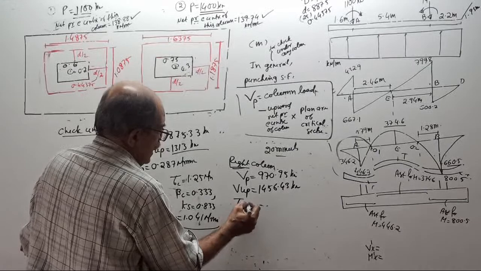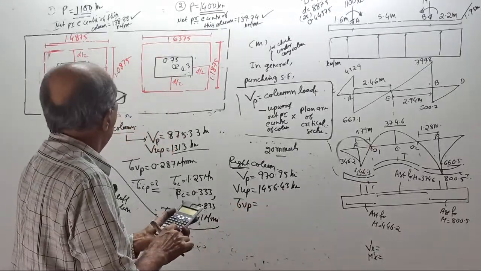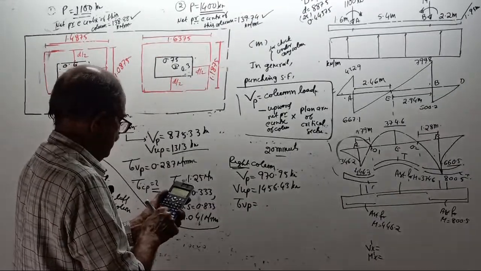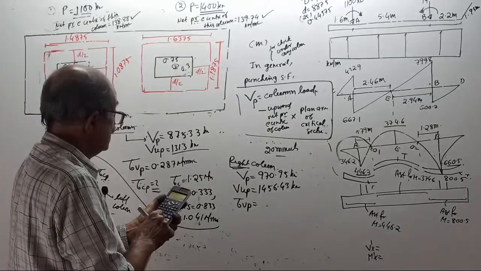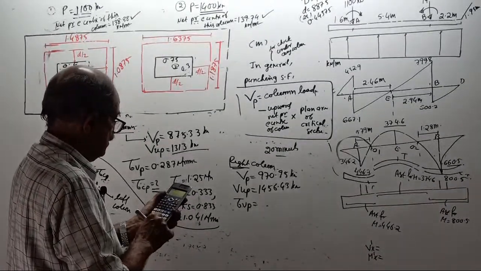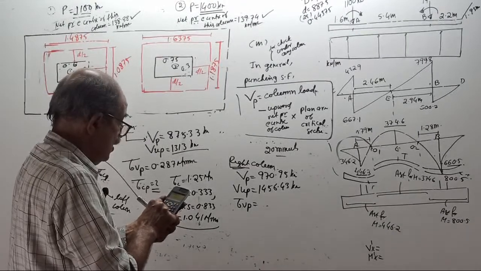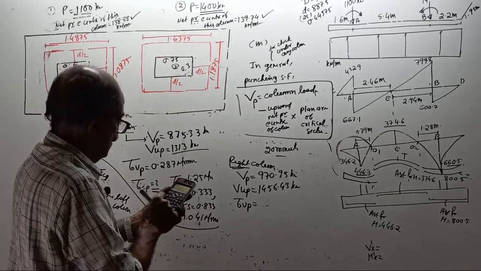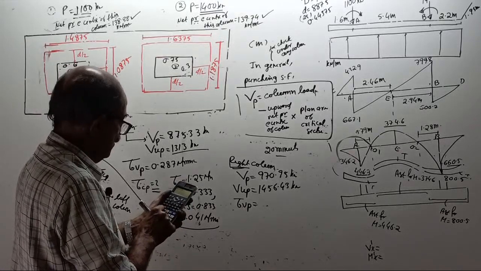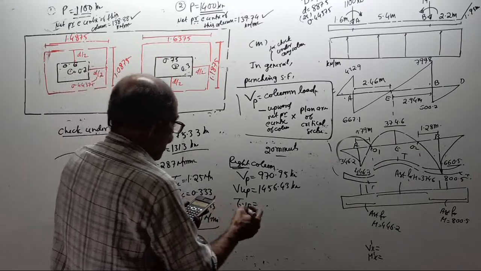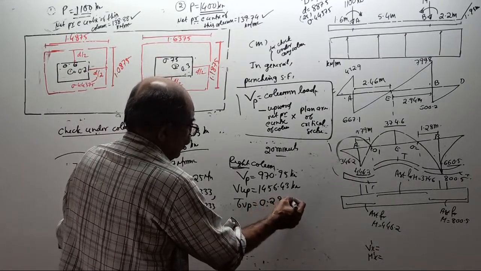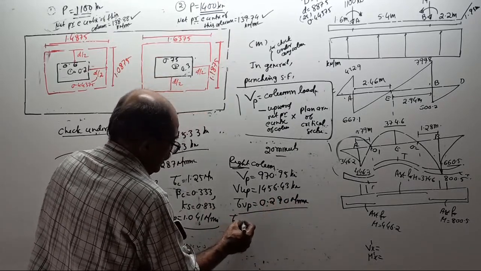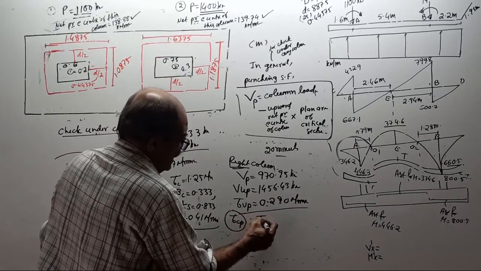Then tau Vp equal to 0.290 Newton per mm square. Then to get tau Cp, you require tau C equal to same.